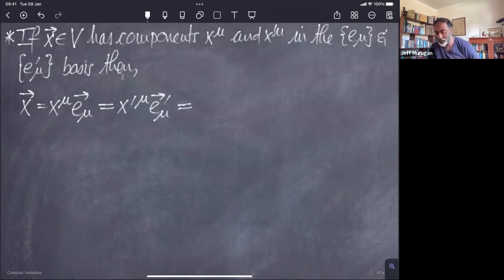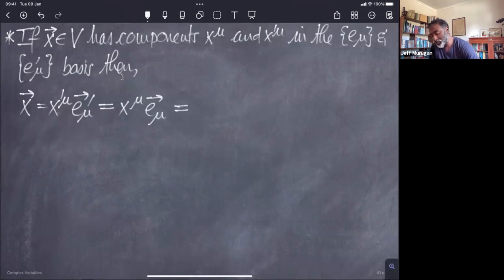But I also know that I can expand the E prime basis in terms of the E's, and conversely, right? So in fact, let me do it this way. Let's say the primes are here, but this is the same as X mu E mu. Okay, I haven't done anything deep here. I've just changed the order in which I did it.